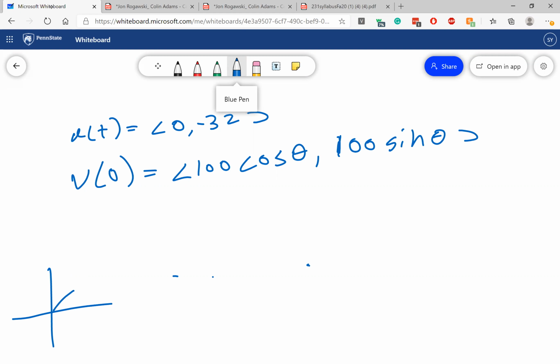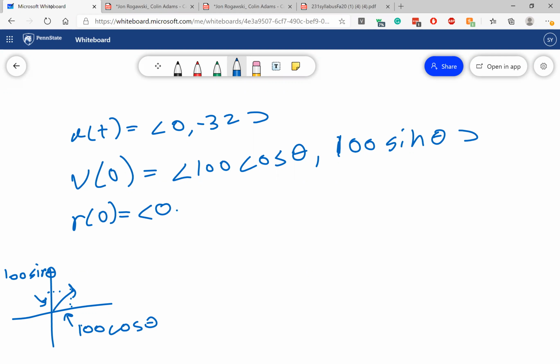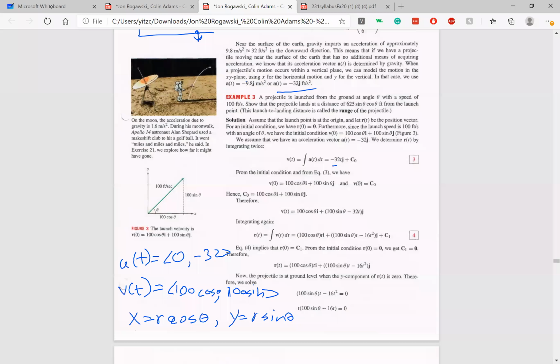We throw it with a certain velocity. There's the y component of the velocity. There's the x component of the velocity. So this over here is the 100 cosine of the angle. And this over here is the 100 sine of the angle. So now we also know that at r(0), at time 0 at the ground, we would be at 0, 0. And that's what we have so far.